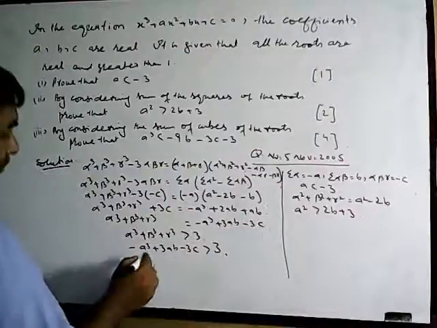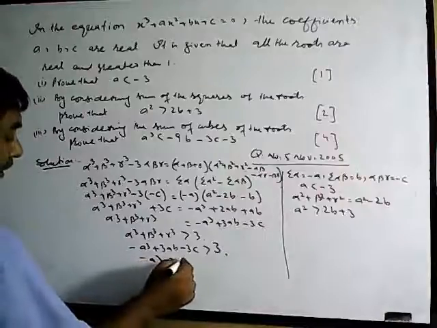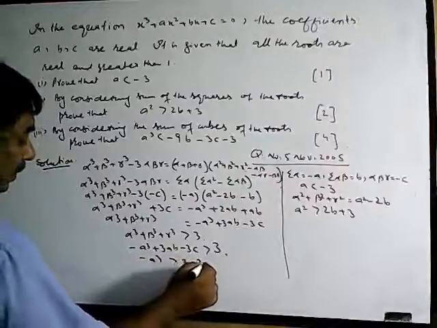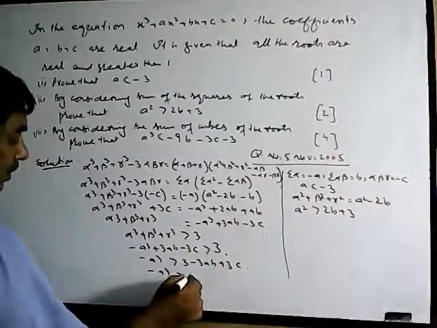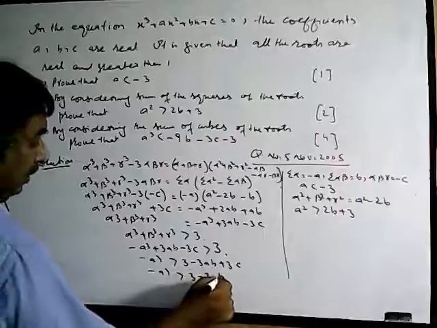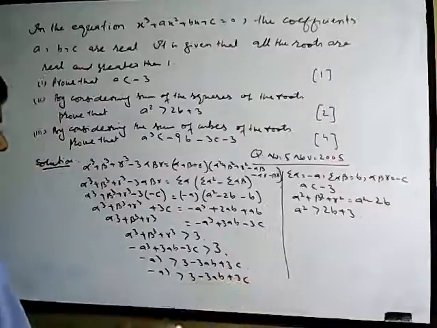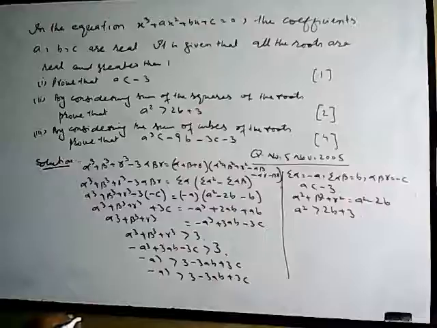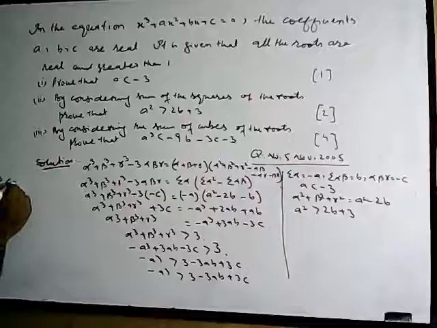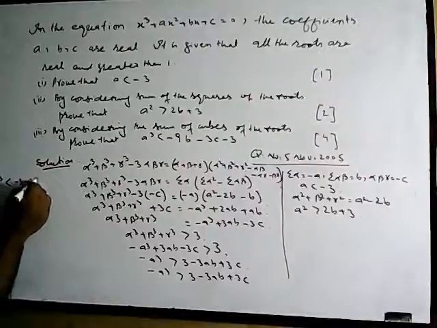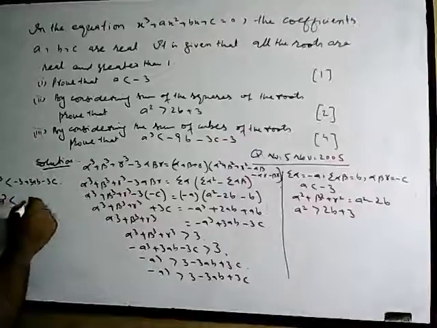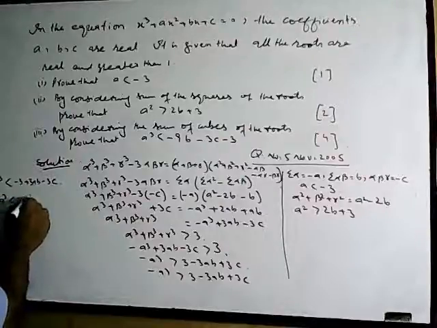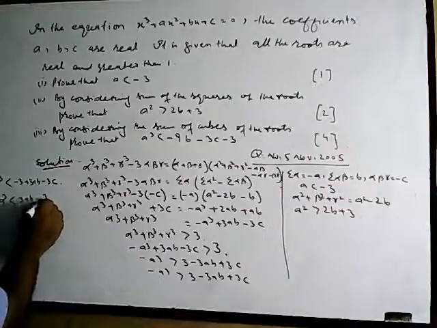So minus a cube will be greater than 3 minus 3ab plus 3c. Now I'll multiply by minus 1, so a cube will be less than minus 3 plus 3ab minus 3c. I can just write a cube is less than 3ab minus 3c minus 3.